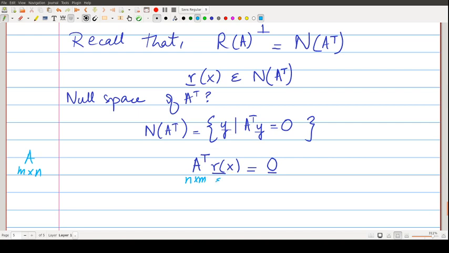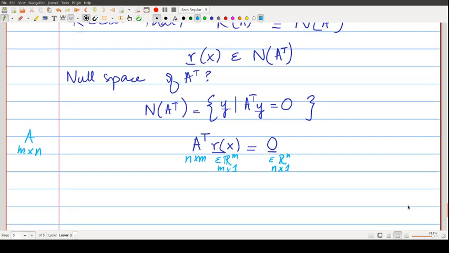The residual vector, we've already established, is in the m dimensional real space. So this 0 vector has to be in the n dimensional space, right? So n by m times m by 1 is going to give me an n times 1 vector. So this has to be an n by 1 0 vector.